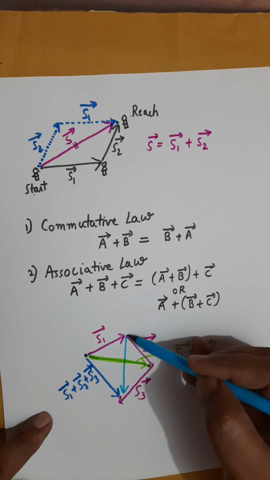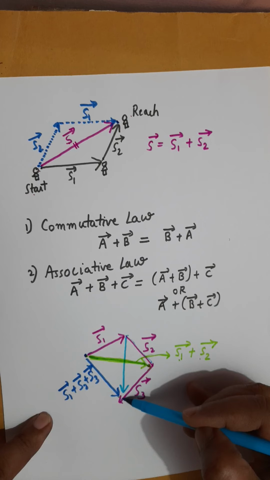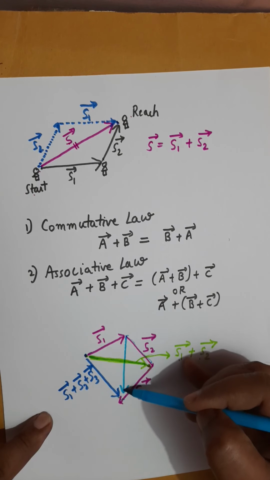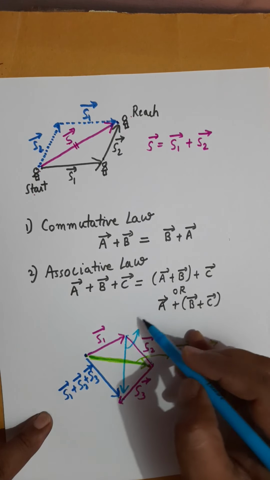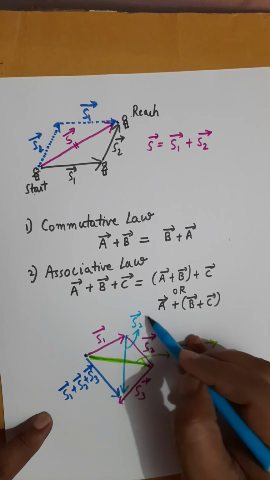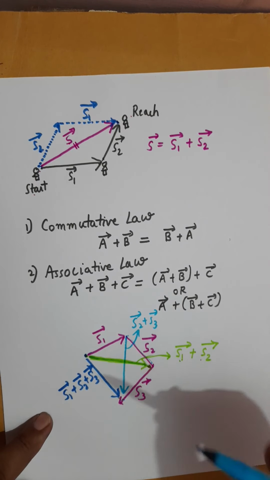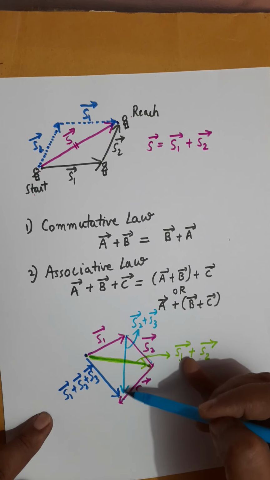If you start from here and move along S2 and then along S3, or you directly move on this path, both have the same result. So this arrow will be called vector S2 plus vector S3.